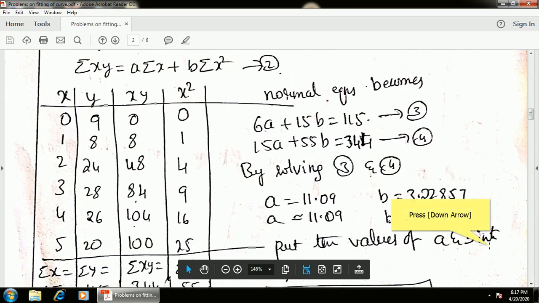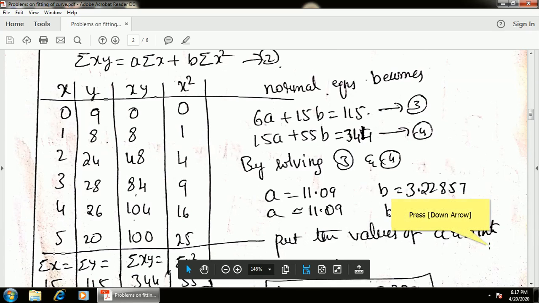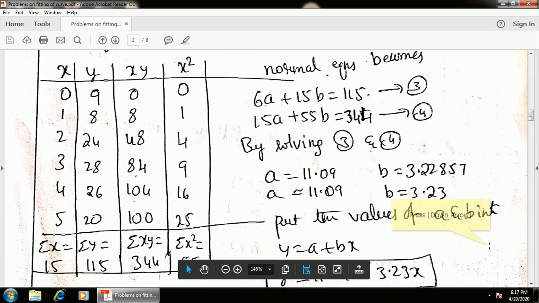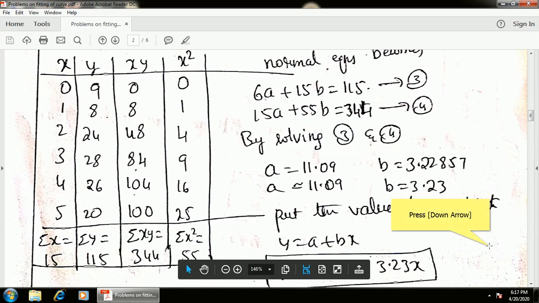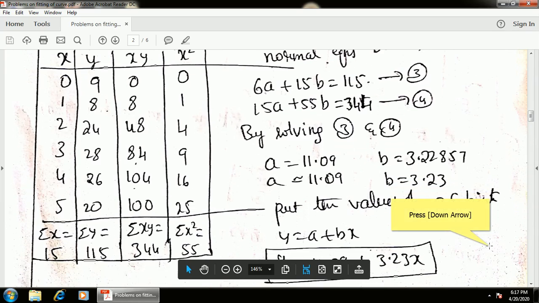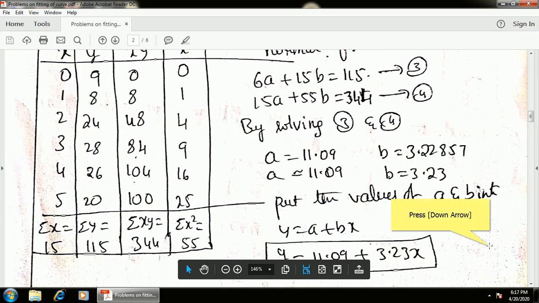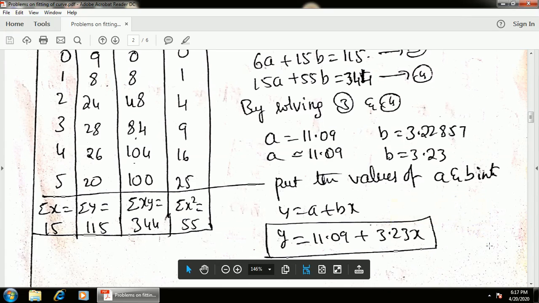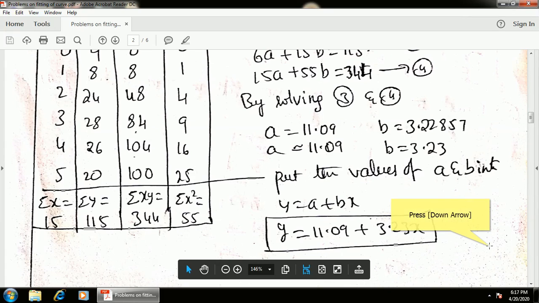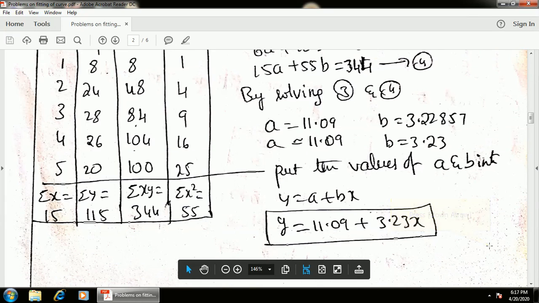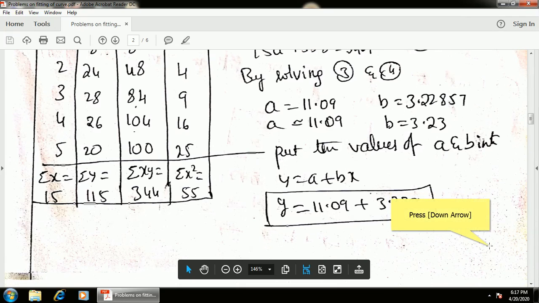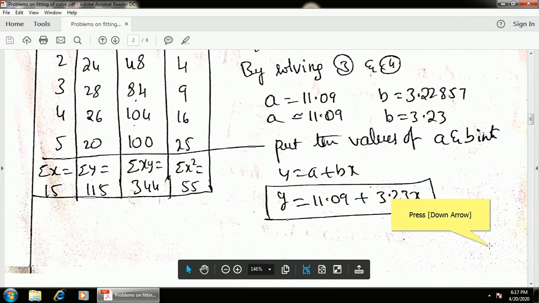Substitute those values into the curve of best fit y is equal to a plus bx. Okay, same way. It is a very simple problem.